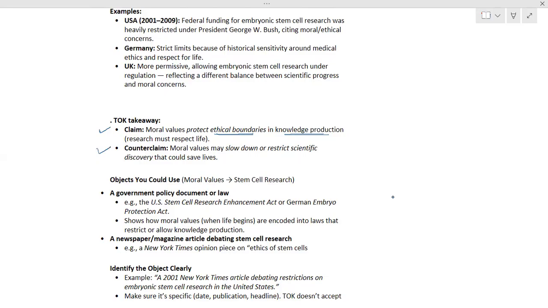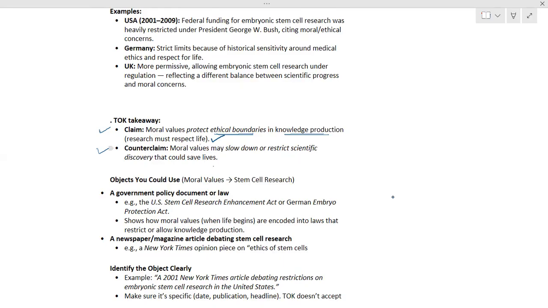Now, what is the counterclaim? From the claim, we come to know that research must respect life. We cannot kill somebody just because we want to research. But what is the counterclaim? Counterclaim says that moral values may slow down or restrict scientific discovery that could save lives.